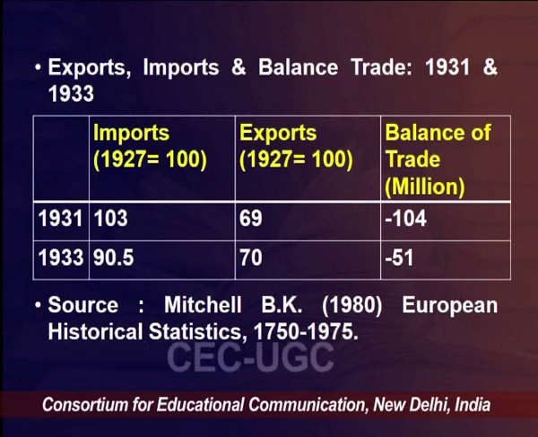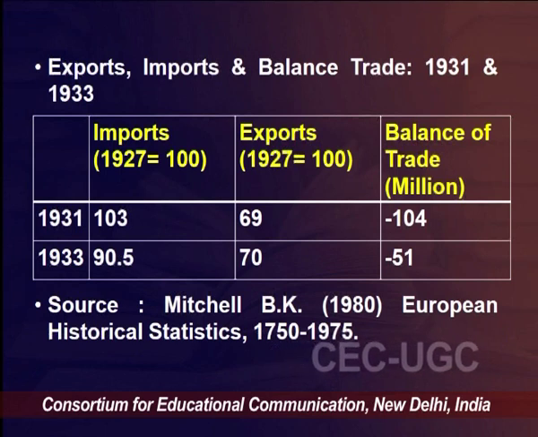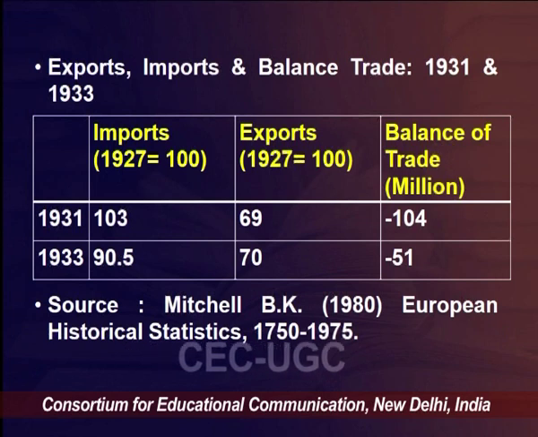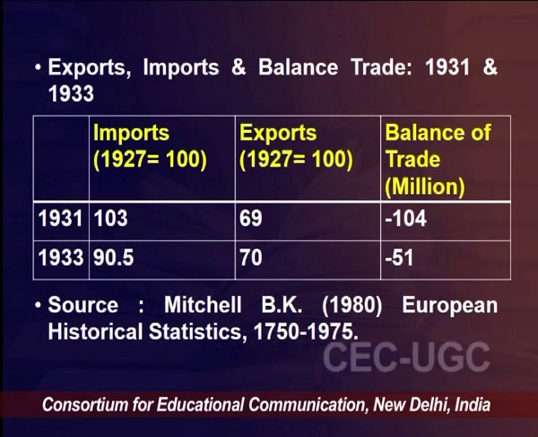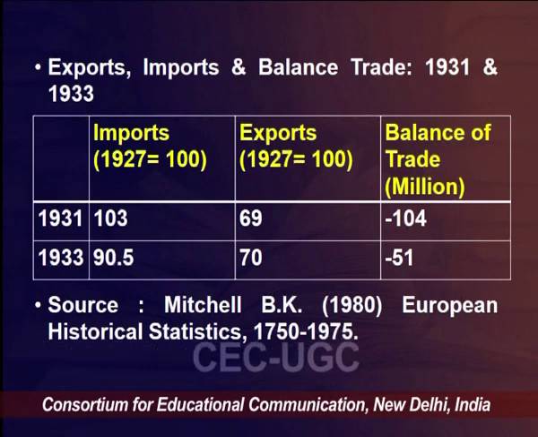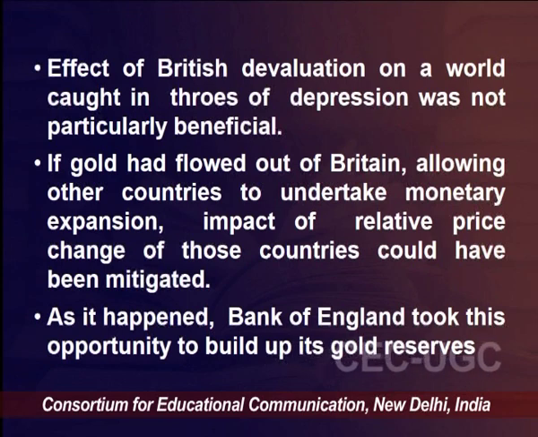And even in the framework of the balance of trade, Britain had a comparatively higher hand, and was able to bring the balance of trade to a comparatively favorable situation for themselves.